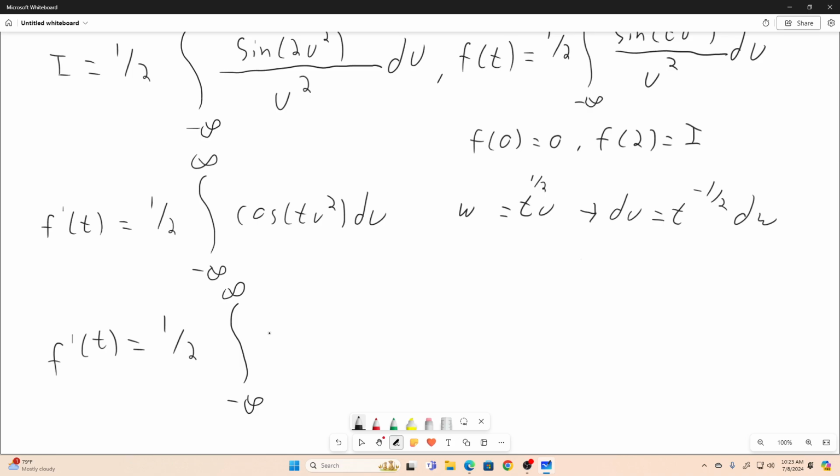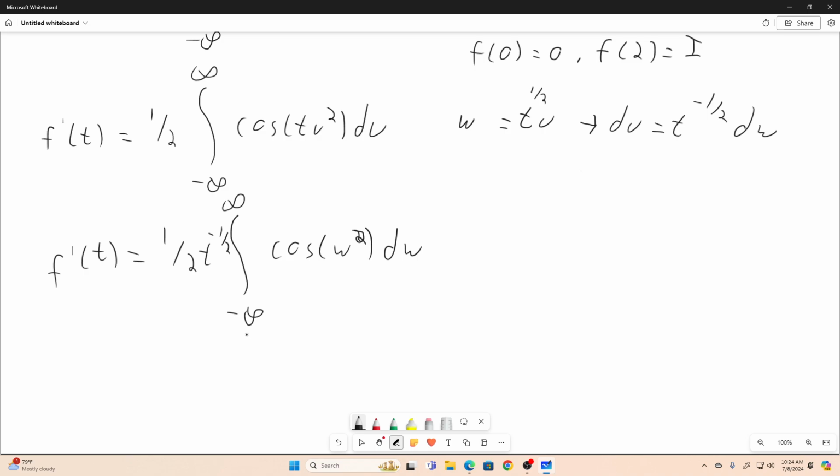And then we will have cosine of w squared. That was the whole point of the substitution, was to get that. And then our du is t to the negative 1/2 dw. All right. And now you'll remember from the beginning of the video, I said that integral right here, that whole thing is just the square root of pi over 2.